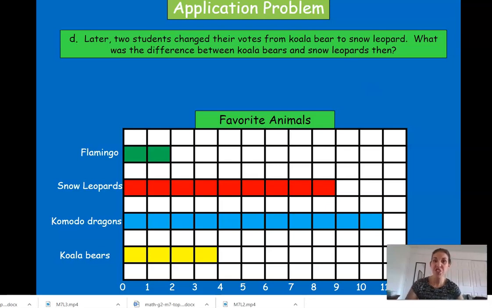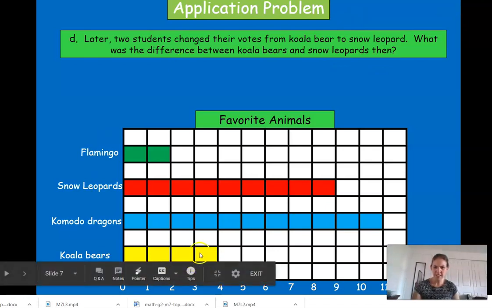Later, 2 students changed their votes from koala bear to snow leopard. People change their mind. That happens all the time, doesn't it? What was the difference between koala bears and the snow leopards then?